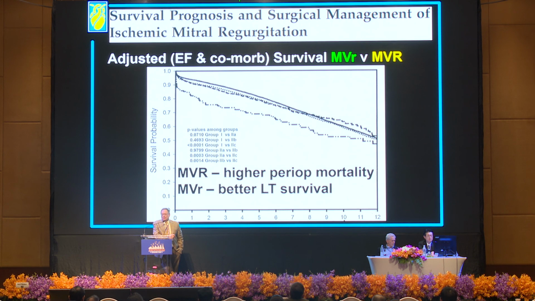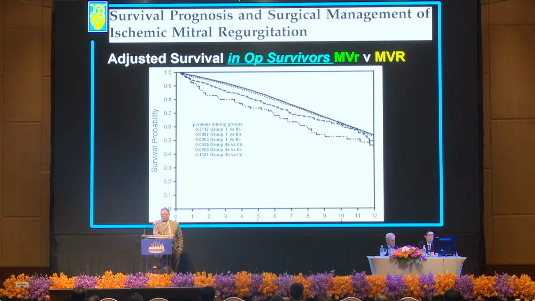The bottom line is when they adjusted for ejection fraction and comorbidities, the survival for mitral valve repair was better long term, but it had mostly to do with a higher perioperative mortality in the mitral valve replacement group. And there was better long-term survival for mitral valve repair. When they just looked at operative survivors, there was less of a difference, but there was still some difference. So there's a signal there.